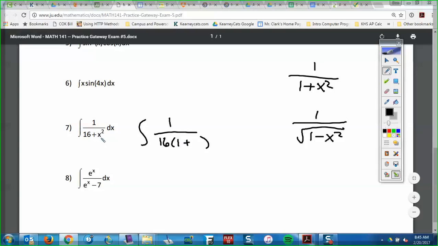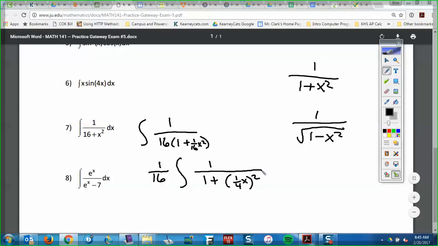What do you got right here? You got 1/16 x squared, right? So now this is just a 1/16 that you could just bring out in front, right? And you now have 1 plus, and now this would be the same as 1/4 x all squared, right?